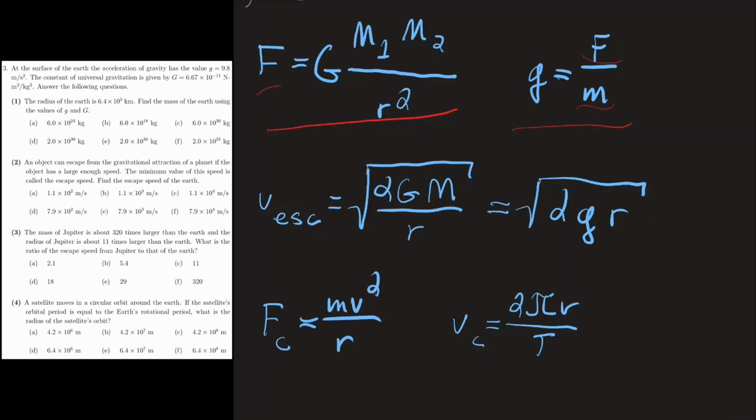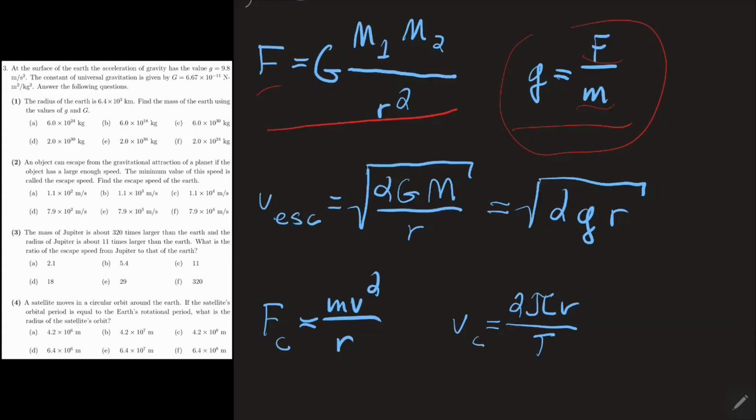Next, you need to know the escape velocity, which is equal to either the square root of 2 times big G times big M over R, or the square root of 2 times small g times R. And you can find one of these from the other by using both of these equations, which I just introduced.